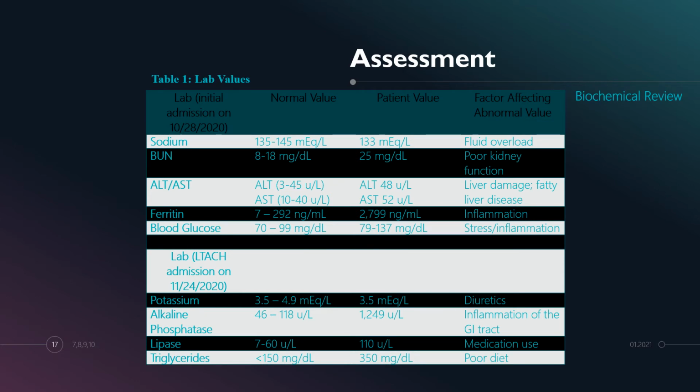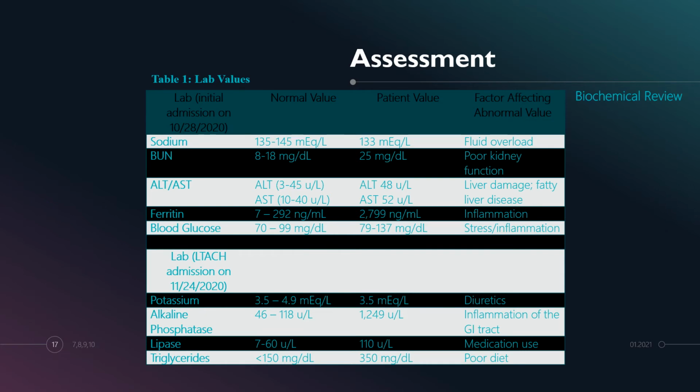So when she got to LTAC, there was just a few lab values that were slightly out of the ordinary. Her potassium was 3.5 at this time, and so it's not necessarily low, but it's on the low end of the normal value, and so this was likely due to all of the diuretics she was receiving because of her edema.